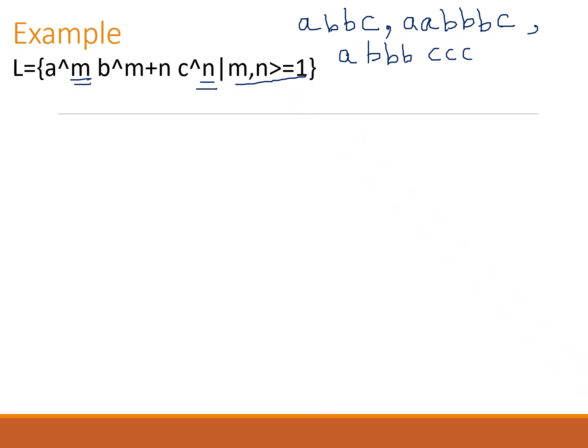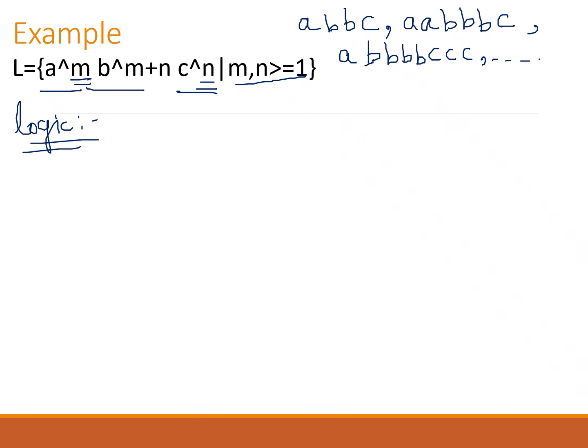So 4 B's at the center and so on. If you look at the condition here, we need to have A's followed by B's followed by C's in this given condition. Okay, now let us think of a logic that can handle this.